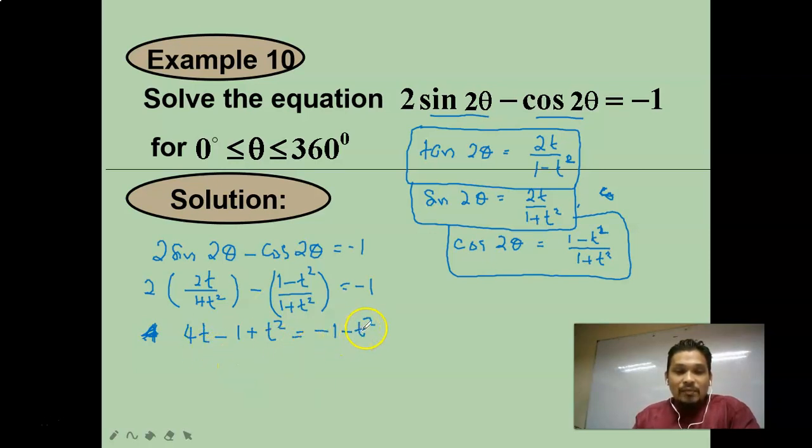So negative t squared becomes positive, so 2t squared plus 4t, negative 1 brought here becomes positive, so negative 1 plus 1 equals 0. So factorize: common factor 2t, so then 2t times t plus 2 equals 0.